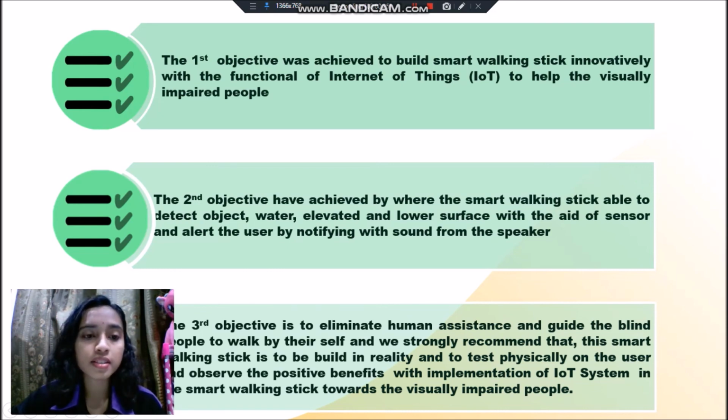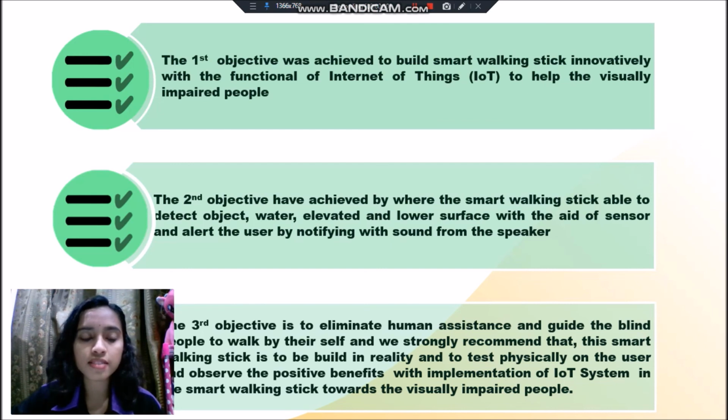The second objective has been achieved, where the smart walking stick is able to detect obstacles, water, elevation, and lower surfaces with the aid of sensors and alert the user by sounding from the speaker.